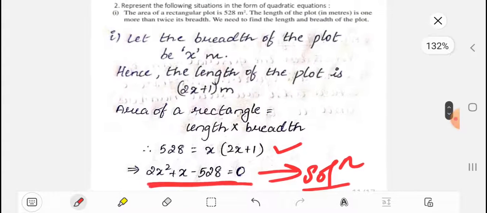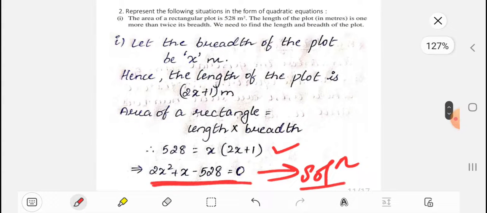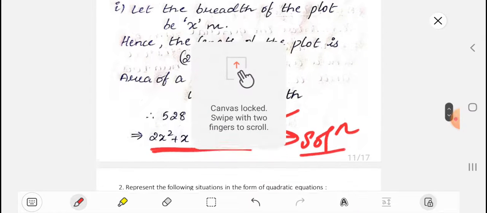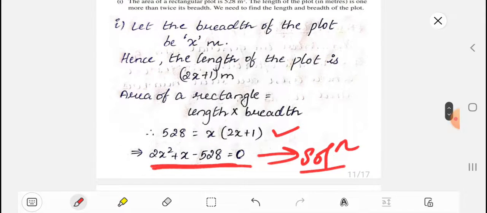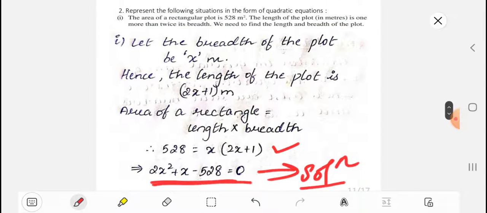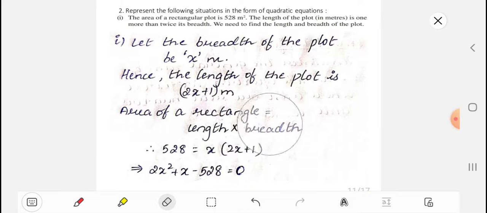I will just fix up the screen over here. If this is done, let me move ahead with the second question.